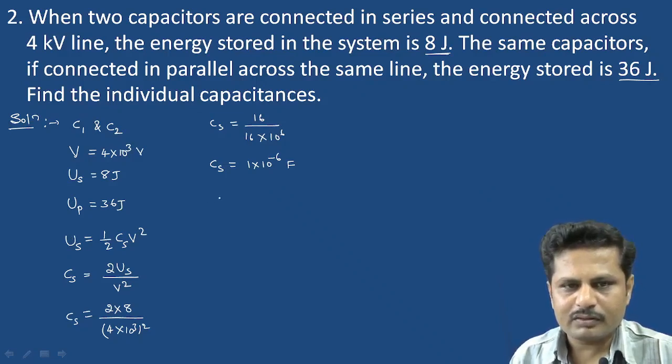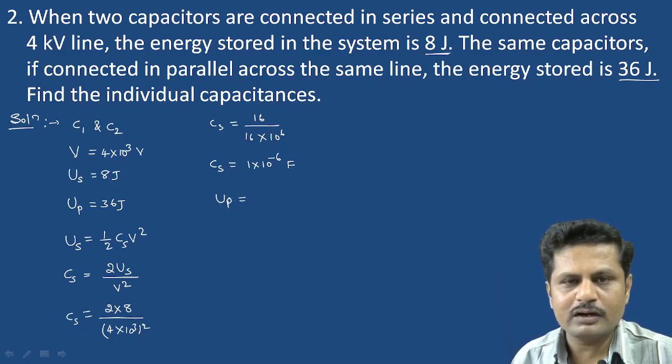We can write UP, the energy stored in the system of two capacitors when they are connected in parallel, equals 1 by 2 Cp V square. So now Cp equals 2UP divided by V square.